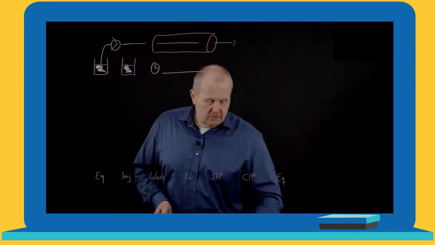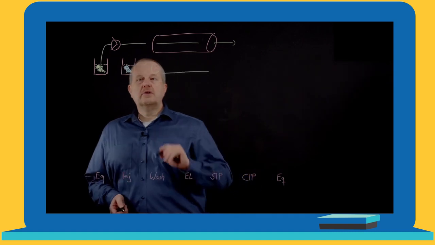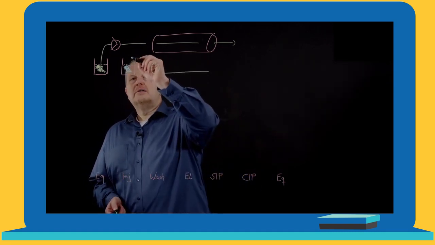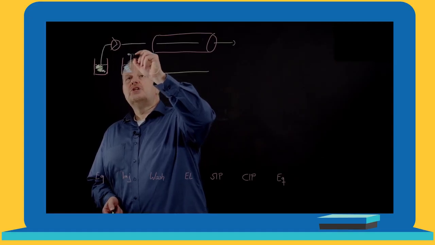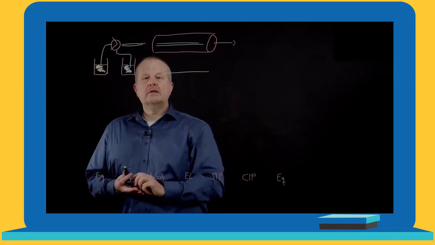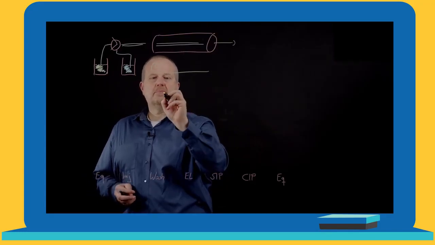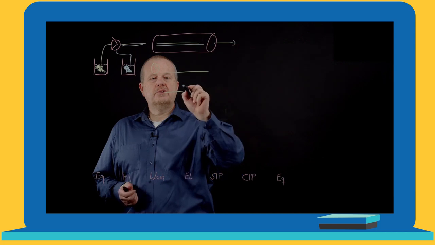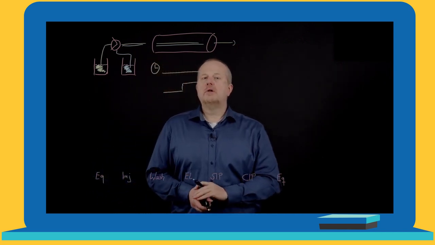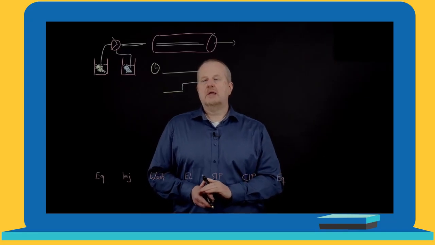In the easiest way to use more than one solvent, we have a second one, this blue one here. And after a certain time, we switch, we introduce the second. And what we get then is a step. First solvent, second solvent. This is what we call step gradient.